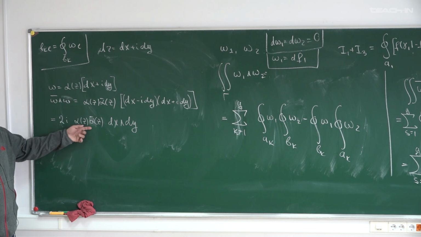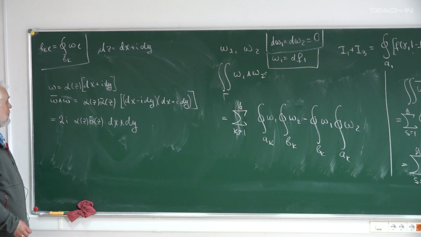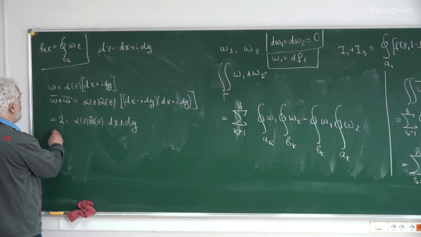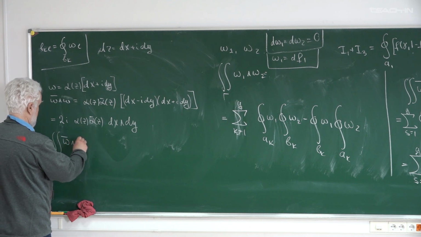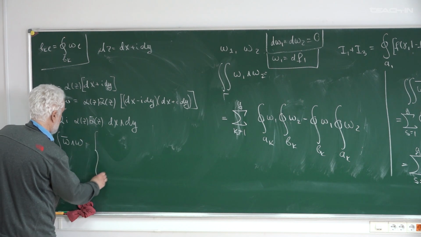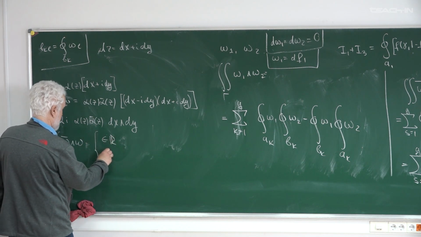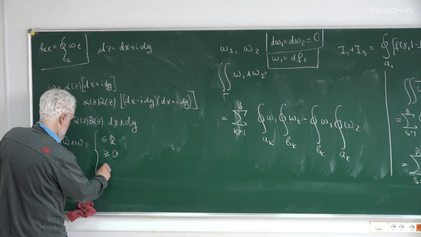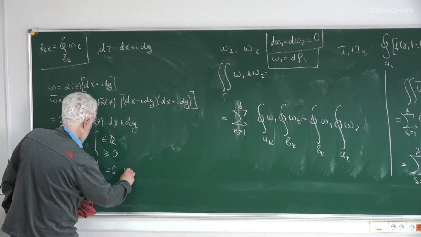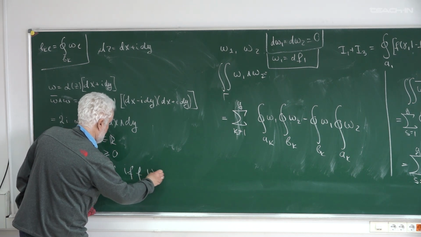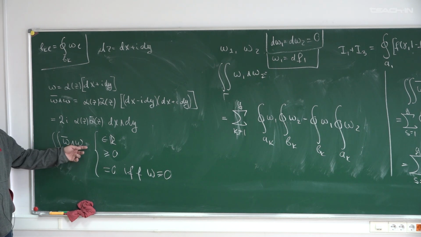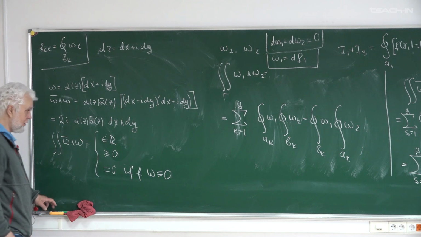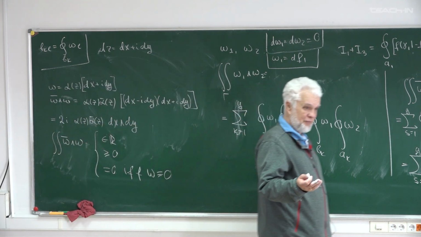You see, it's real, greater than or equal to 0. It's 0 if omega is the zero form; if omega is a non-trivial form, it's positive. So we have a well-defined Hermitian scalar product.